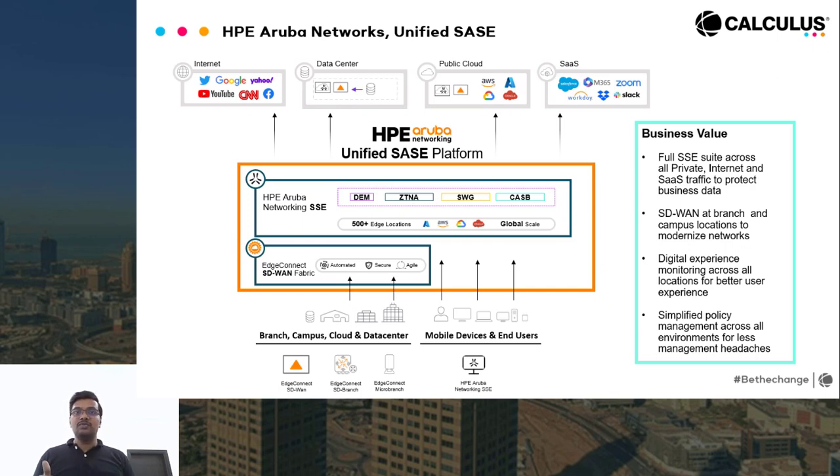The business values we get by adopting a full-blown SASE solution like HPE's: protection of business data in private, internet, and SaaS services. We can have SD-WAN at branch and campus locations to modernize the networks, digital experience monitoring across all locations for better user experience, and simplified policy management across all environments for fewer management headaches.